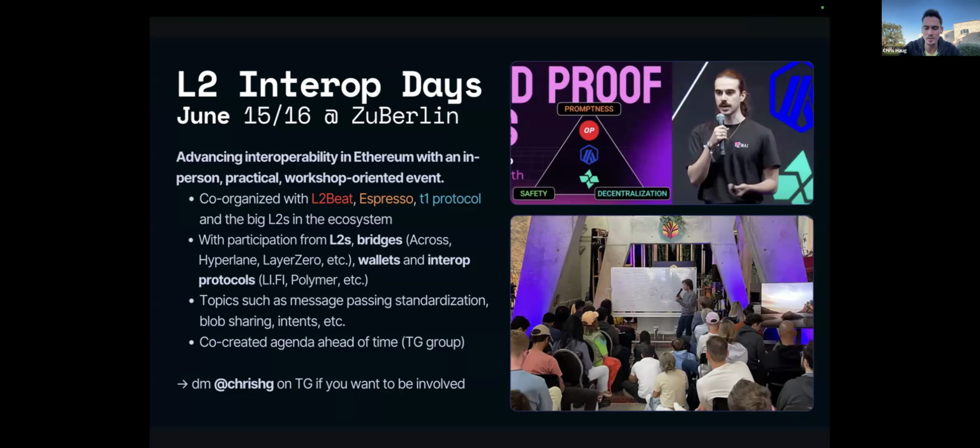So we're working together with Ellie from Espresso, with Luca from L2 Beat, and with the rest from T1 protocol, but also including the big L2s in the ecosystem, bridges across Hyperlane, wallets, and Interop protocols such as Leaf and Polymer. The topics will be across the board the topics we're discussing in here. But the big difference will be that we come together in person. We'll have 2 full days, and then also the rest of Zoo Berlin to discuss.